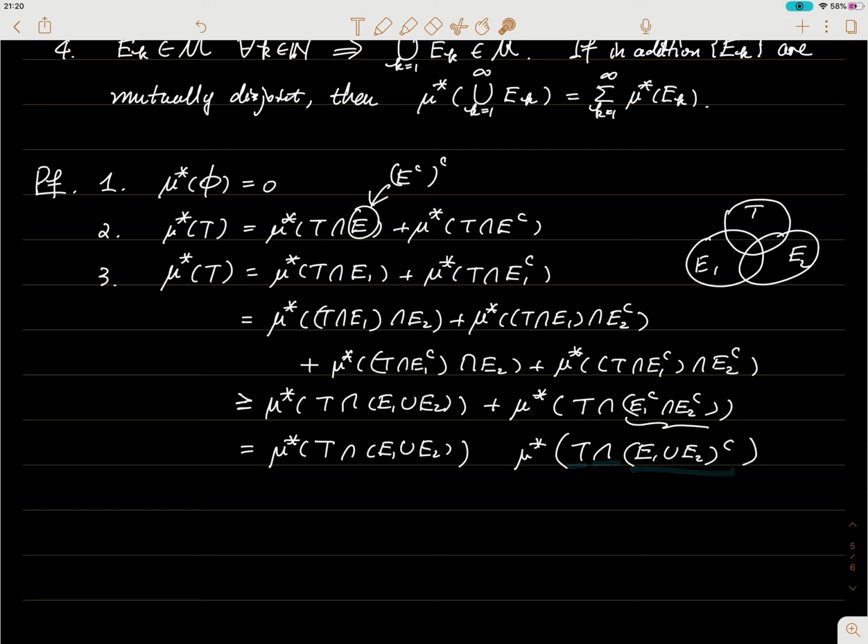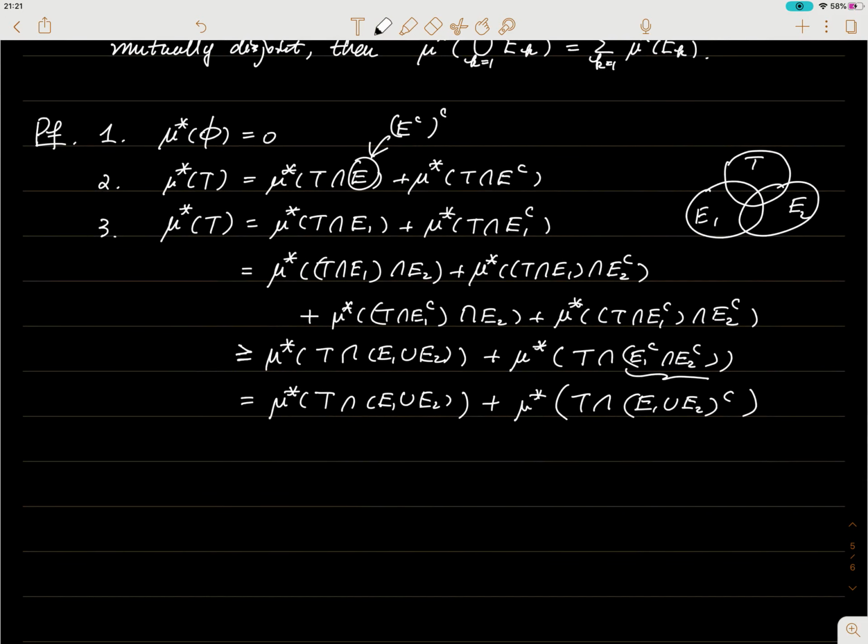Right? So what we showed so far is that the outer measure of T is bigger than or equal to this plus this. And then by now we can see that the union of E1 and E2 is measurable.